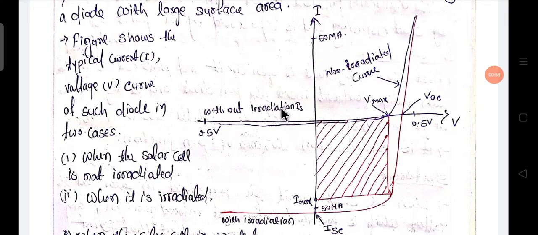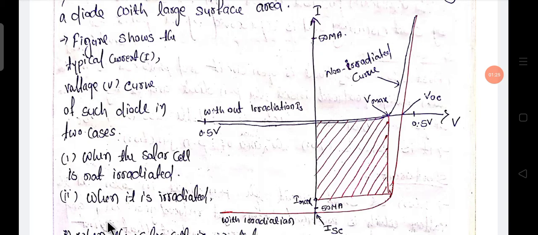This IV characteristic is drawn for two cases. One is when the solar cell is not irradiated, that means when the solar cell is not in direct sunlight, or the sun rays don't fall on the solar cell.